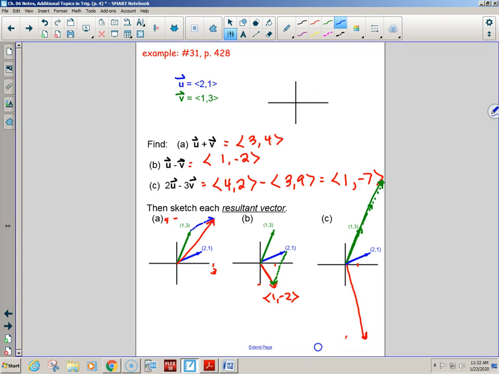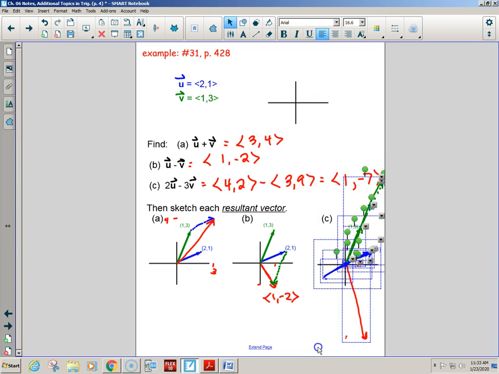I'm going to go this way. So it's 1. Double it, so I can go either direction. Okay, so I have 2u. So I have 3v, I have 2 of those u's, and I need to subtract something. Oh, okay. So it would be 2 of these u's. I just need a little more space.